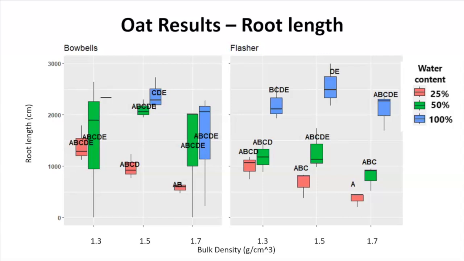And then finally, our root lengths, same x-axis, same water content. This is going to be root length in centimeters. And in this one, we can see that once again, root length is very highly correlated with that water content, particularly in our Flasher, which is our coarser texture soil.